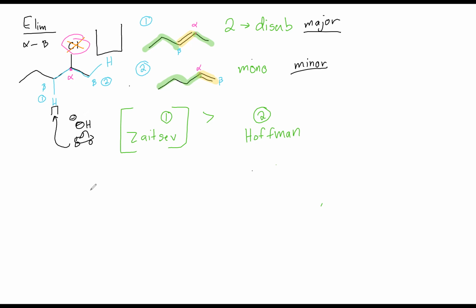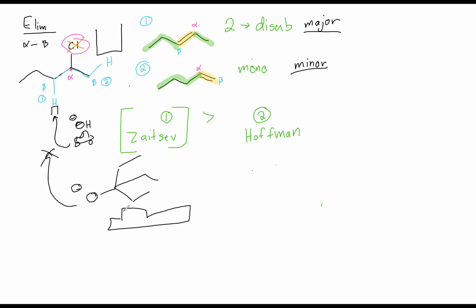However, if we have a very big and bulky base, that would be something that looks like this, it cannot fit into that small space. It's as if we have a big truck to show everybody how tough I am. It can't fit into that small parking space. So it has to go over to this bigger parking space here and make the Hofmann product.